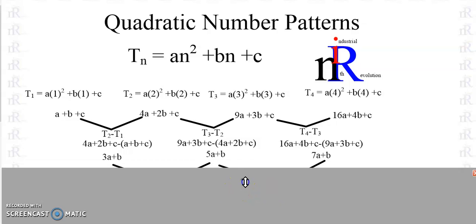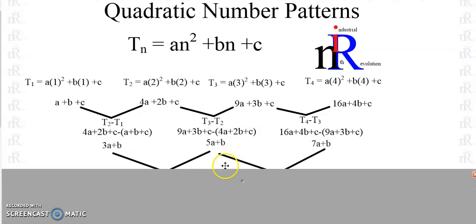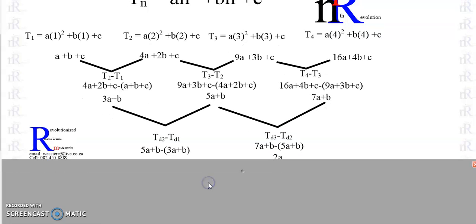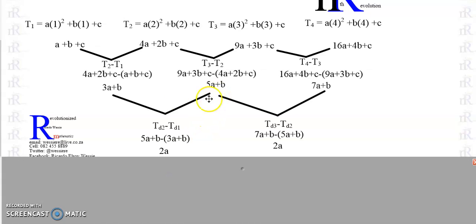Now to go to the second difference, I need to take the difference of the second term in this sequence that is formed here, minus the first term. So it's the first difference, then the second difference. So the second difference minus the first difference: 5a minus 3a gives me 2a, and b minus b will cancel out.